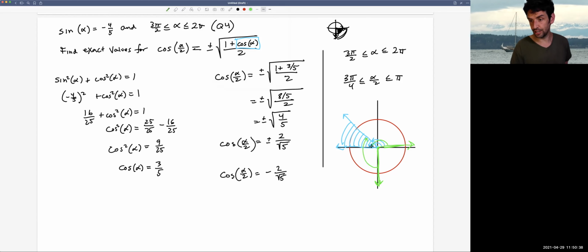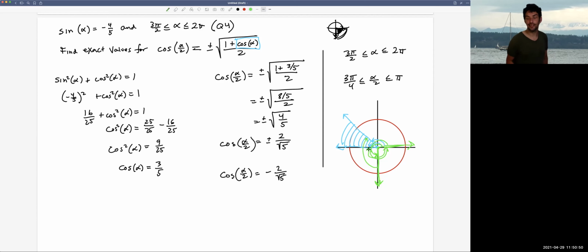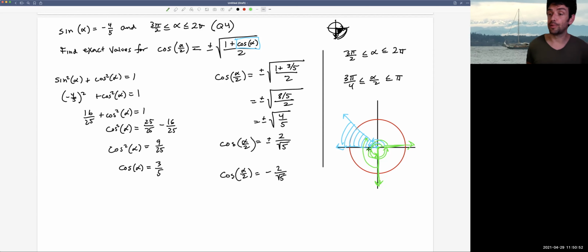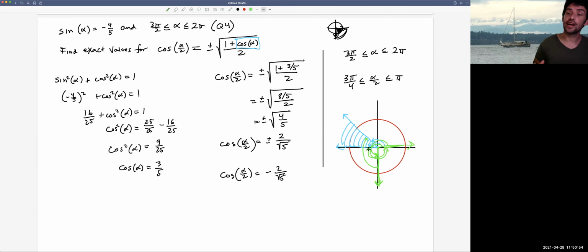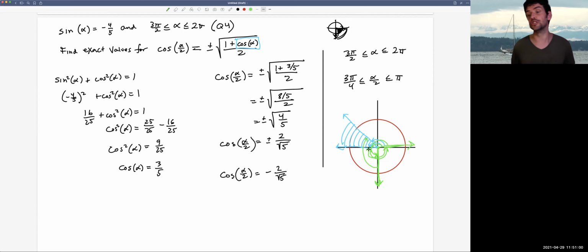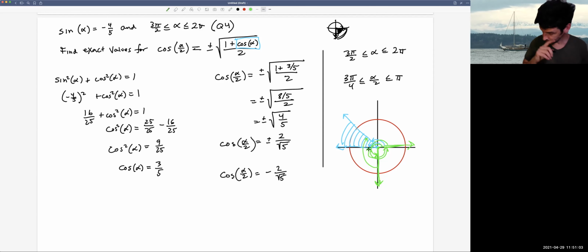This first green angle was all the way around like this, and then we go back half that distance to there. The second green angle goes all the way around. When we cut it in half, we go back half a turn, and that's how we get this little wedge of pi. So when we cut it all in half, it not only makes the terminal ends of the angles go backwards by half, but the size of the whole region gets compressed.